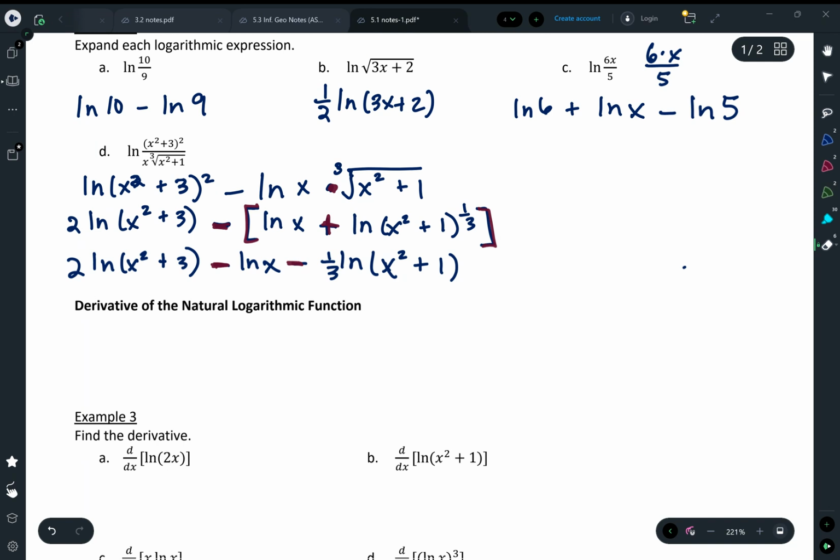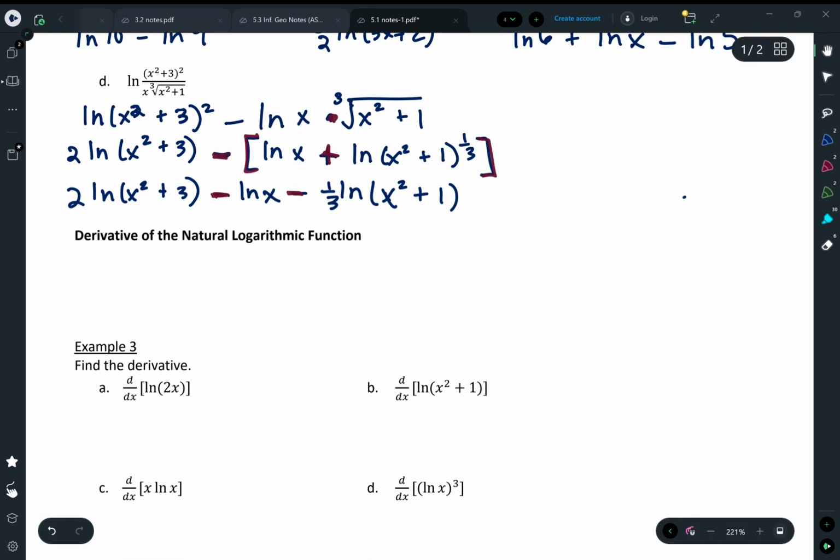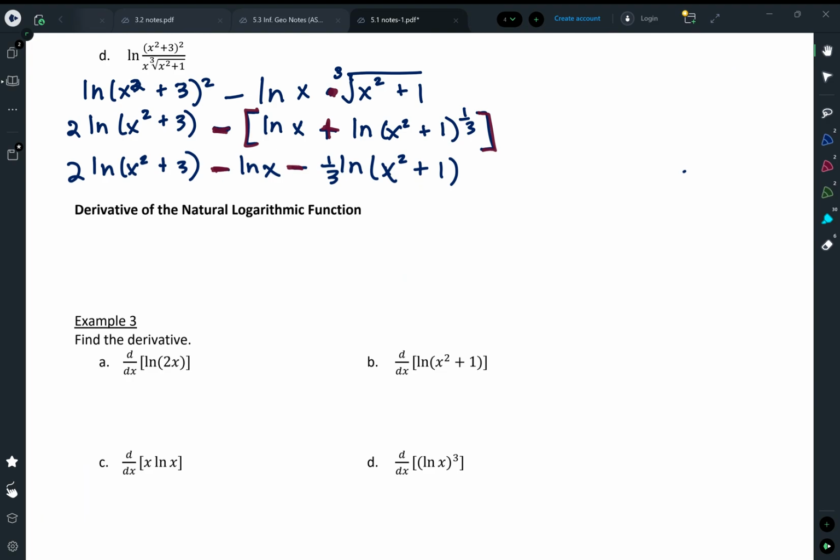Okay, so we've done a lot of this work here. Now we need to look at the derivative of the natural log function. So if y equals the natural log of x, then y prime equals 1 over x.